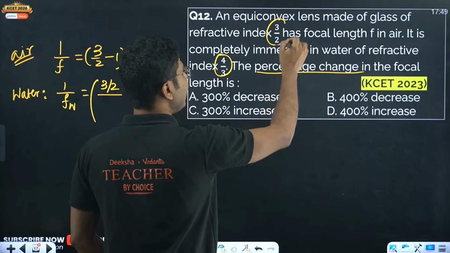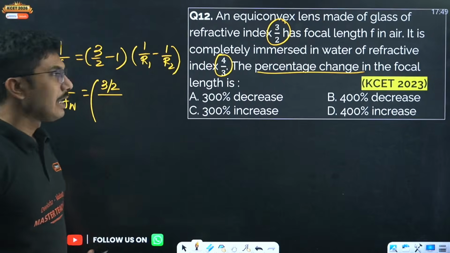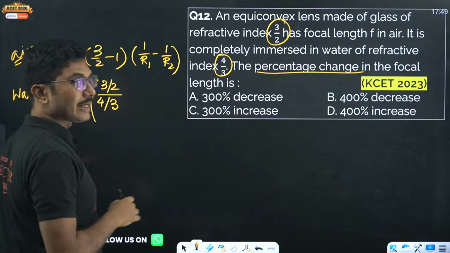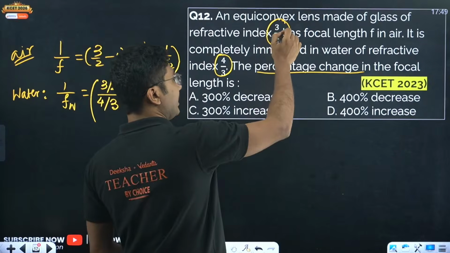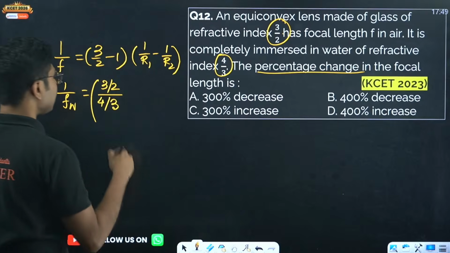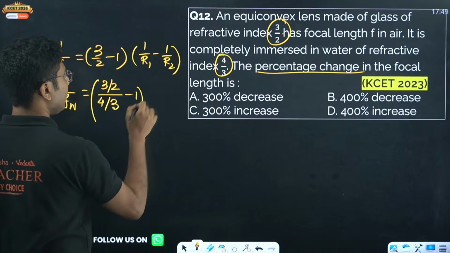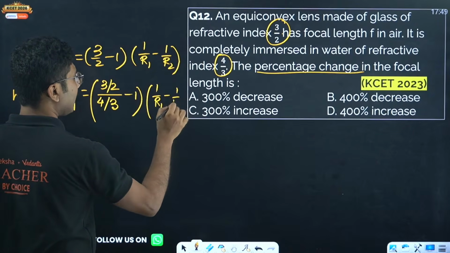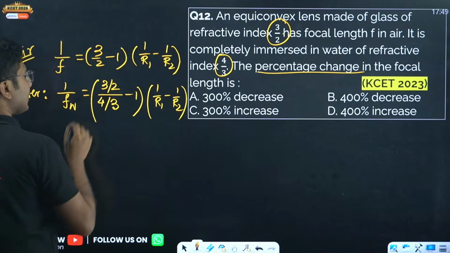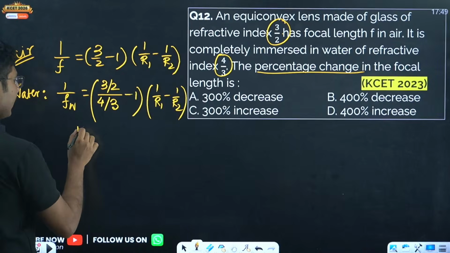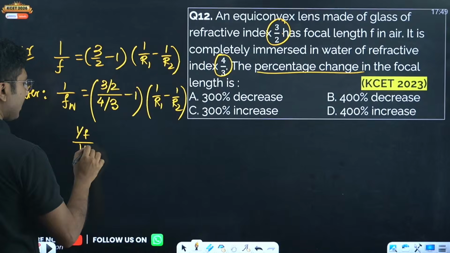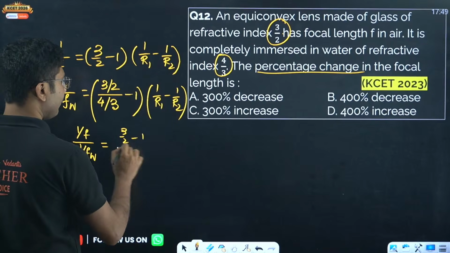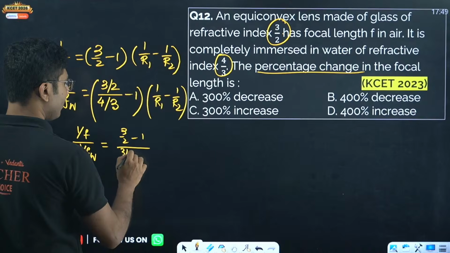Refractive index of the material divided by refractive index of the surrounding medium, minus 1. Remaining things remain same, so it will be 1 by r1 minus 1 by r2. We are not interested in that. We just divide these two equations and we get 1 by f divided by 1 by f water equals (3 by 2 minus 1) divided by (3 by 2 divided by 4 by 3 minus 1).